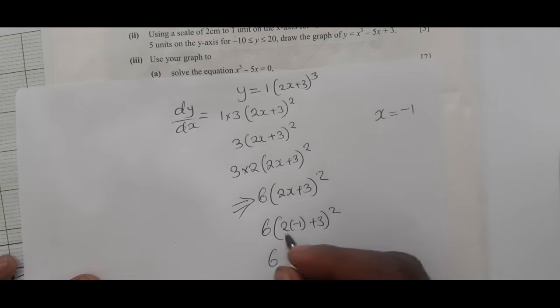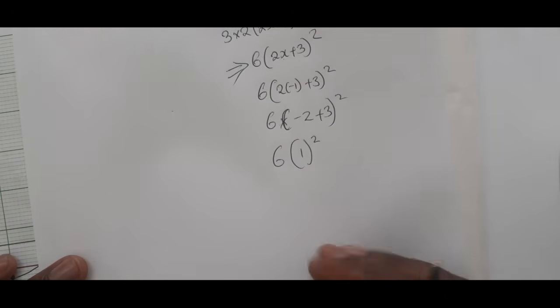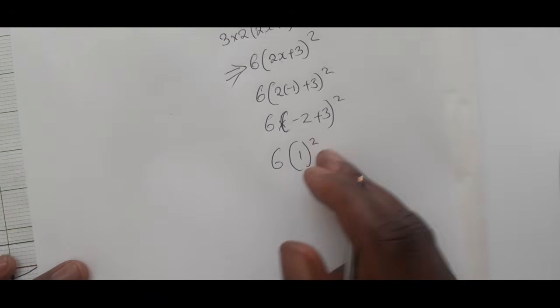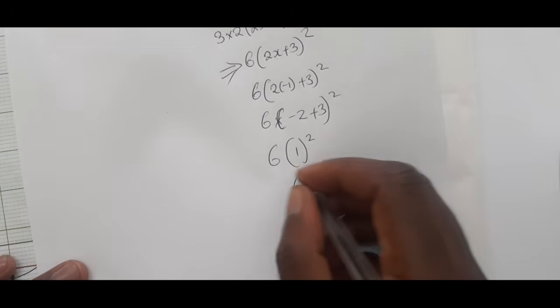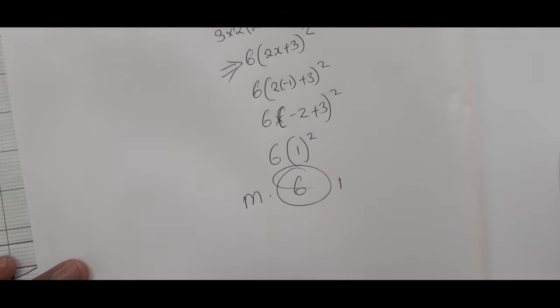So 6, what do we get? 2 times -1 gives you -2, so -2 plus 3 gives 1. Then you have the power 2 here. When you simplify it, it will give you 6. So 6 is our gradient.